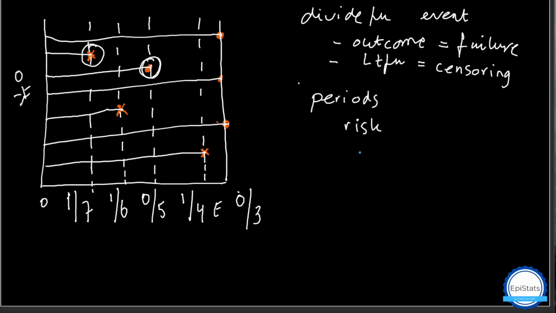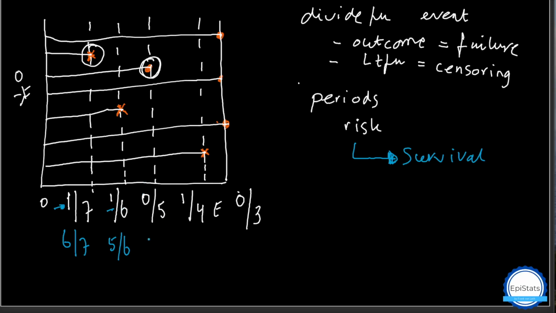To arrive at the Kaplan-Meier estimate, we are going to use a trick. Instead of calculating the risk, we are going to look at survival. So if we have 1 out of 7 people having developed the outcome, 6 out of 7 people survived that period without an outcome. In the second period, we have 5 people out of 6 surviving that period without the outcome.